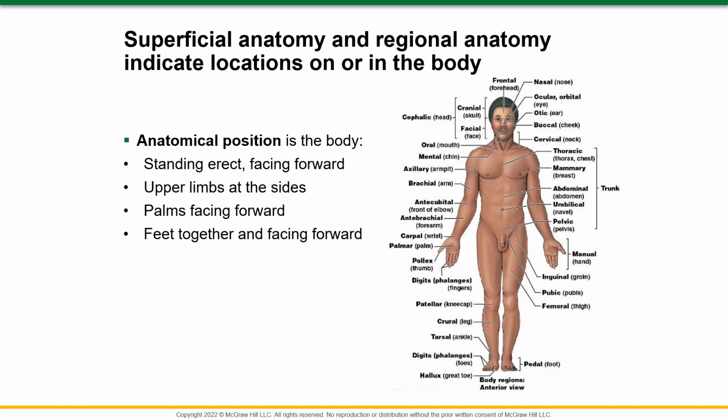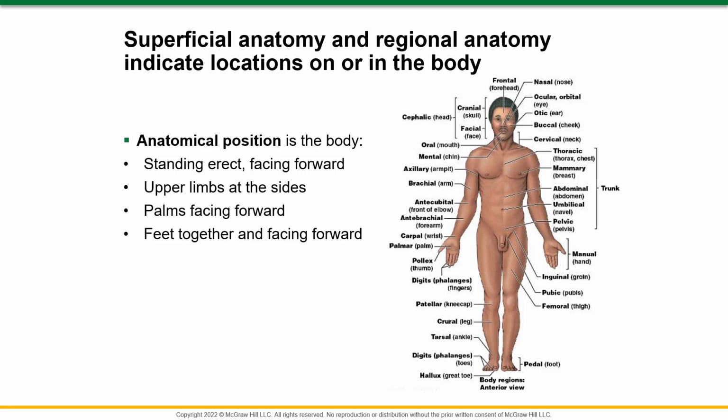All right, so the first thing we have to do when we start talking about the body is start talking about the names. And this is where people run into issues. This is kind of tough for some people, but where we start is what we call anatomical position. If I face you and I say it's on your right, which is your right? Is it my right or your right?